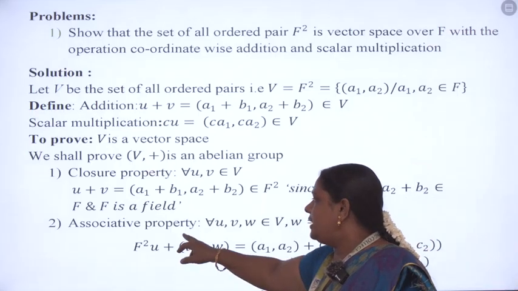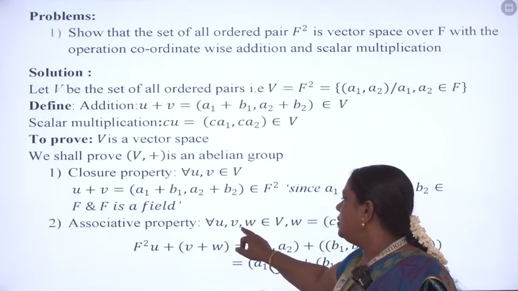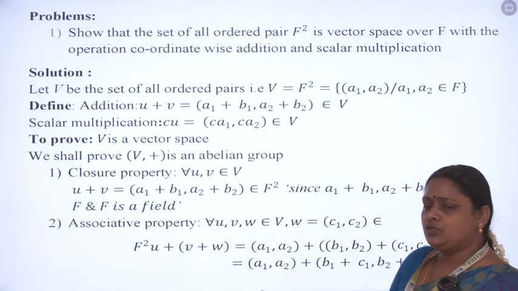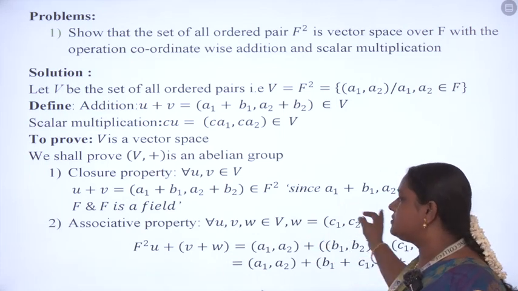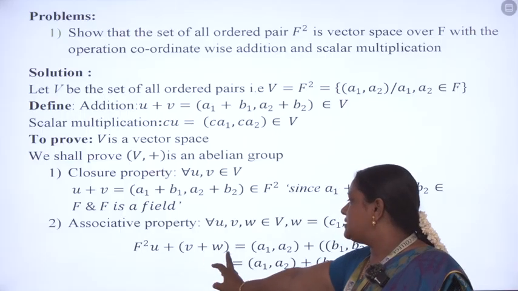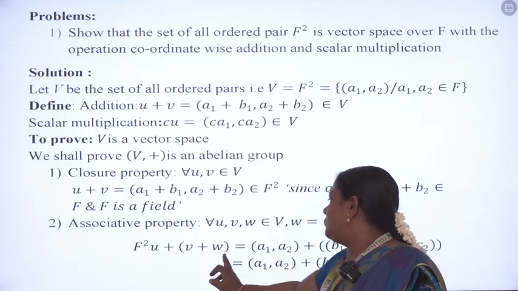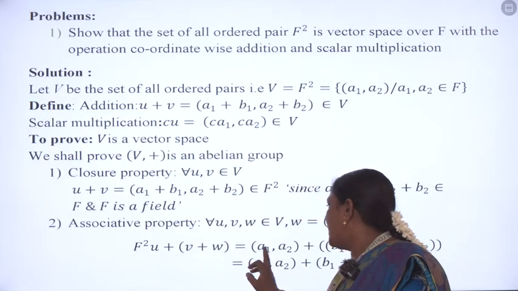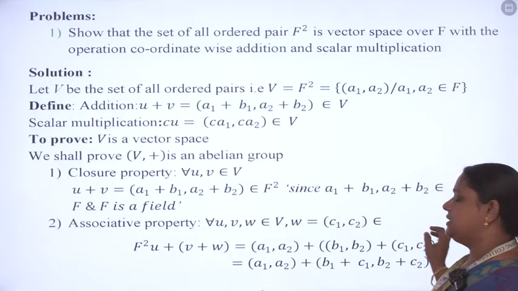Then the second property, the associative property. Here we are considering three elements. For all u, v, w belongs to V, then w is equal to (c1, c2), that also belongs to F². Now we are considering three elements, u plus v plus w, where u is (a1, a2), v is (b1, b2), w is (c1, c2).